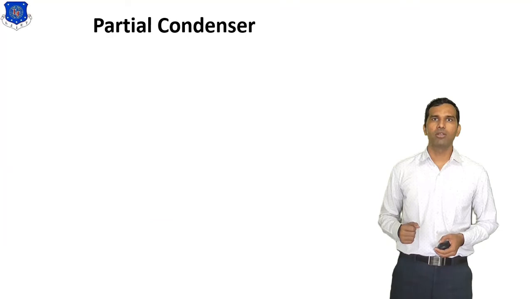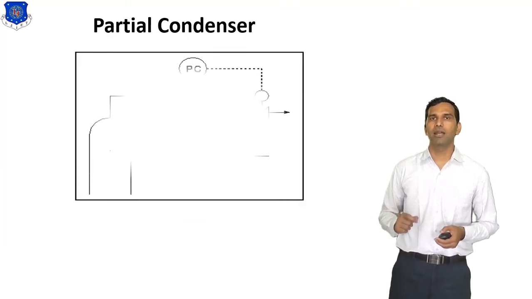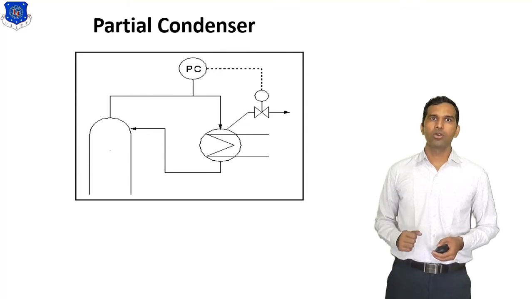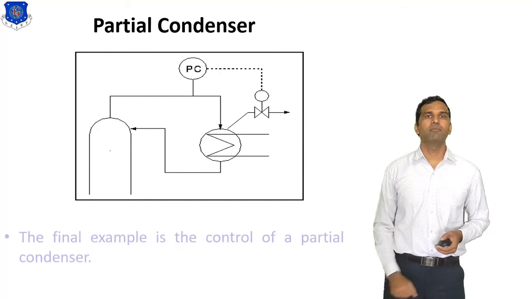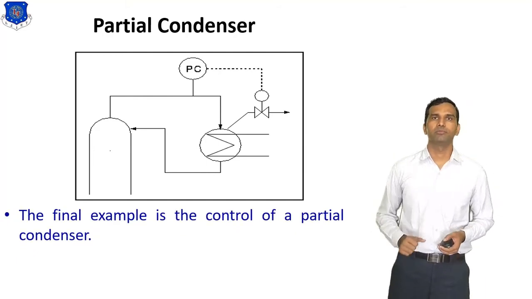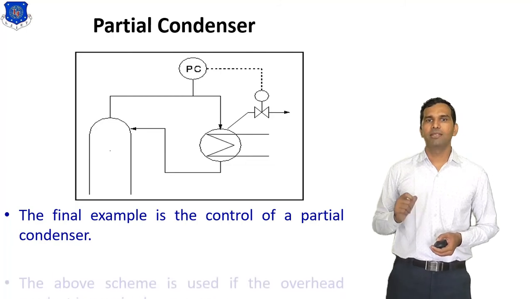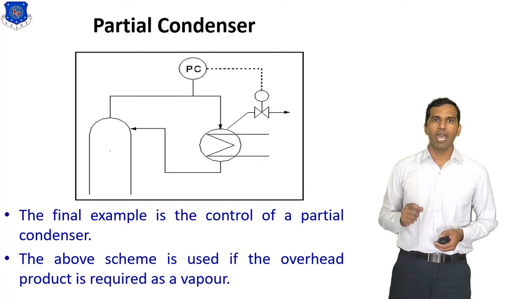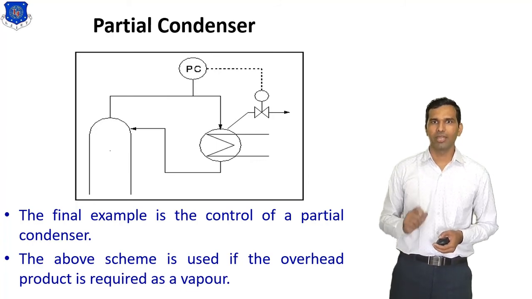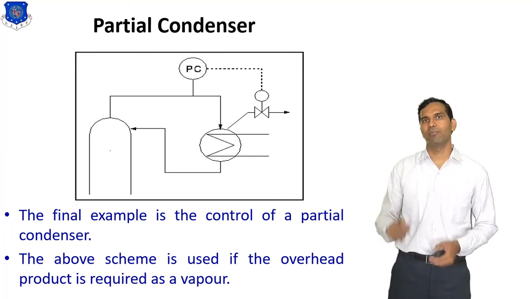Now we discuss the last method, and the name of this method is the partial condenser method. So here you can see this is the diagram of this method, that means the partial condenser method. The final example is the control of a partial condenser. The above scheme is used if the overhead product is required as a vapor.